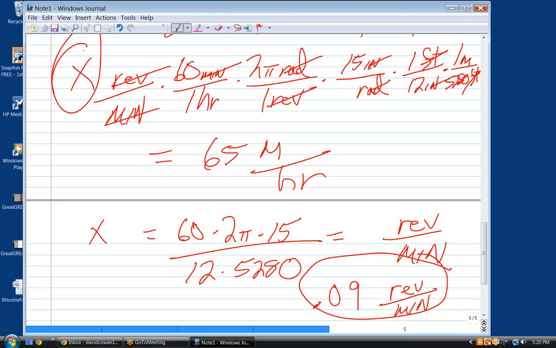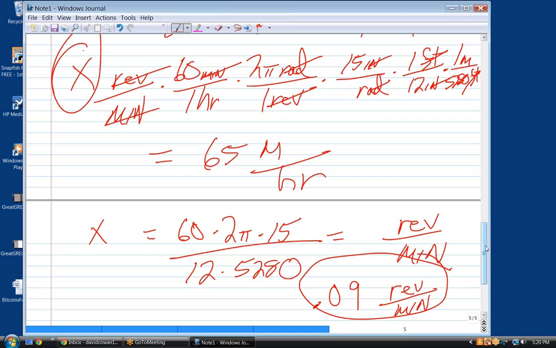I'm looking for angular speed. Angular speed is measured as revolutions per minute. What did they ask? They must have asked, what is the revolutions per minute and the angular speed, but they're not the same thing. Angular speed of the wheels in radians per minute. Ah, in radians per minute. So wouldn't you just multiply the 0.09 by 2 pi? Yeah.